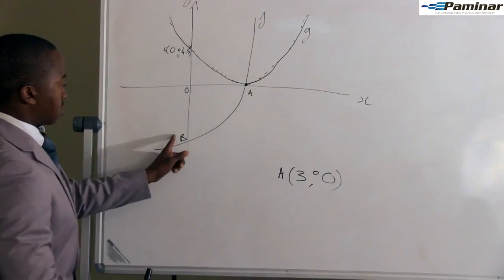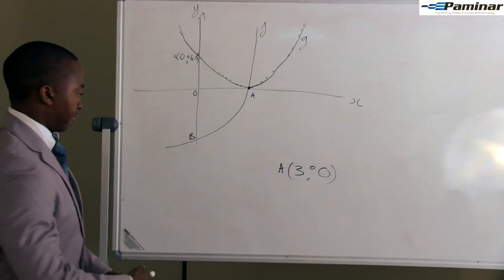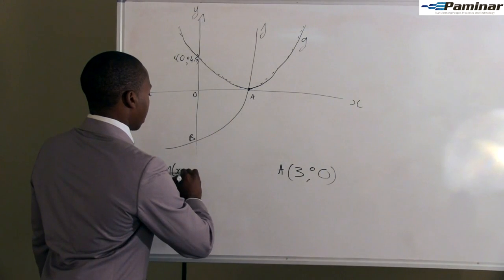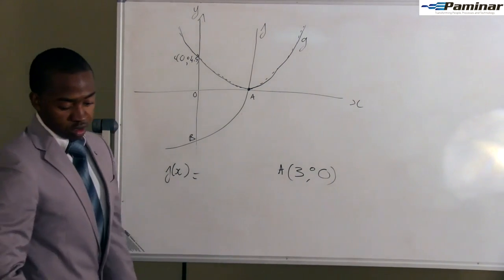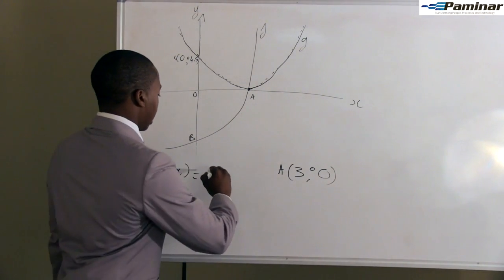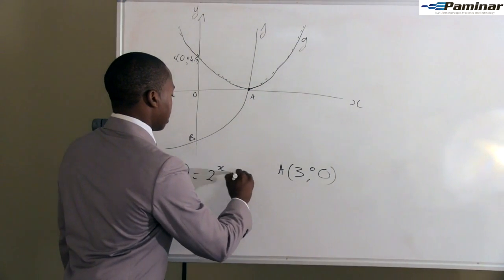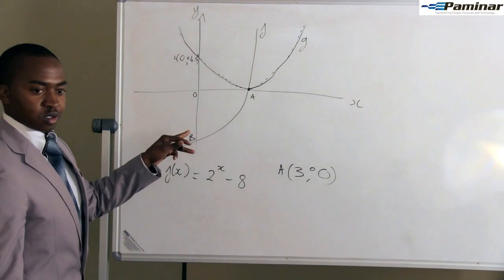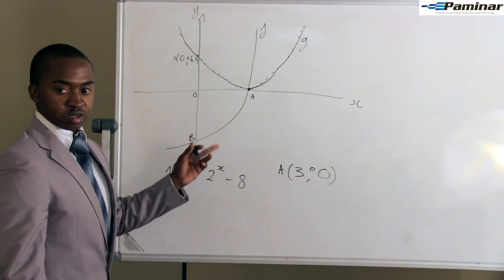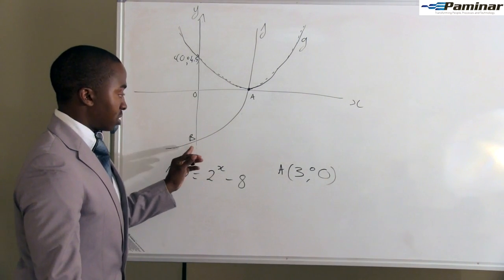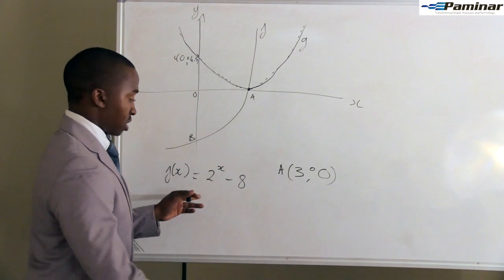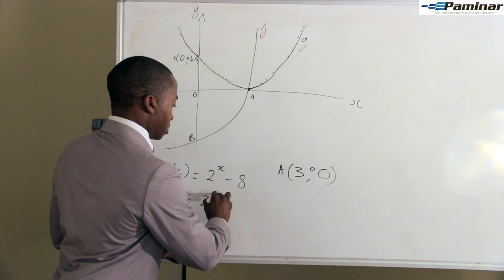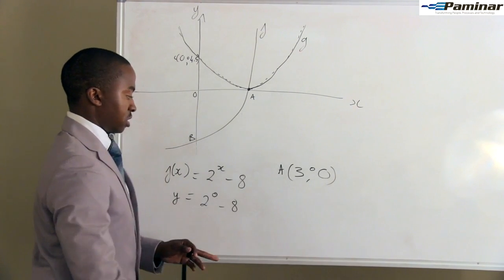Now let's try to get what B is. So B, what's happening there? Once again, we're dealing with f of x equal to 2 to the x minus 8. At this point, we know that x is 0, so y will equal 2 to the 0 minus 8.